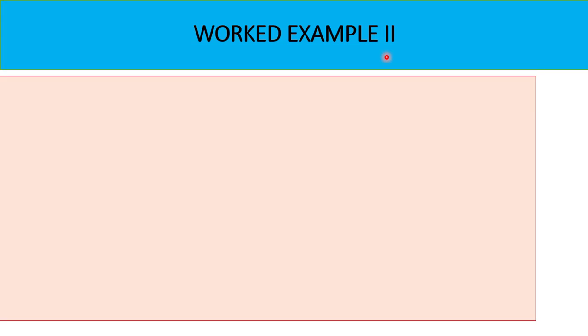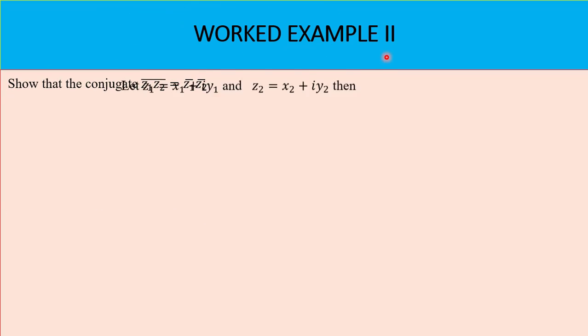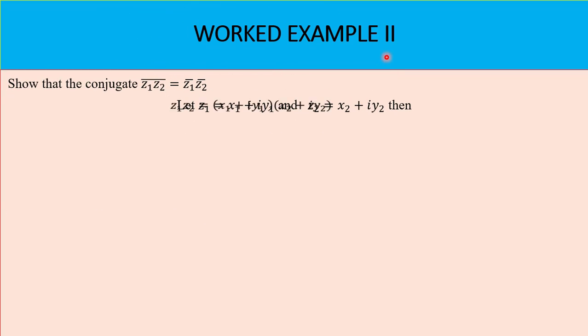Then example number 2. Show that the conjugate of z1 times z2 is equal to z1 complex conjugate times z2 complex conjugate.